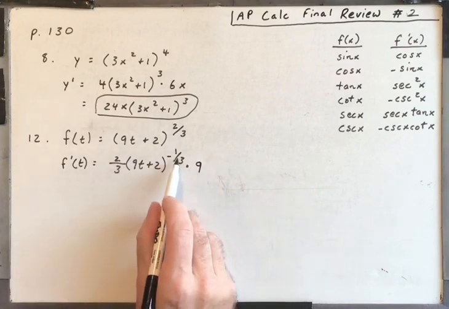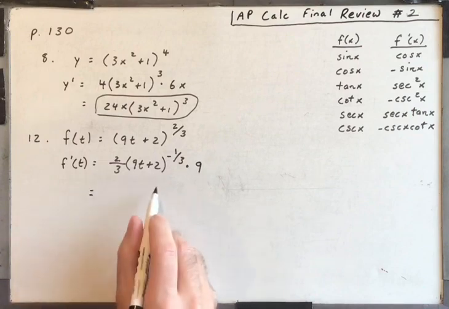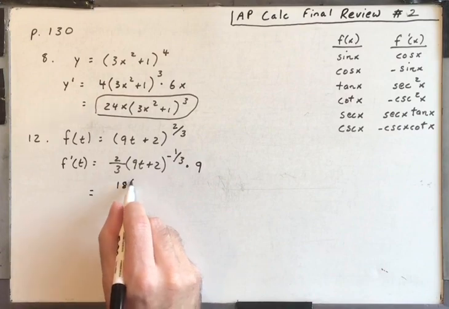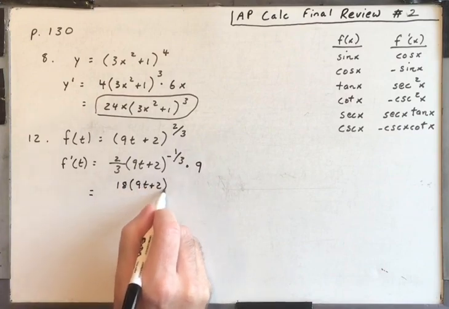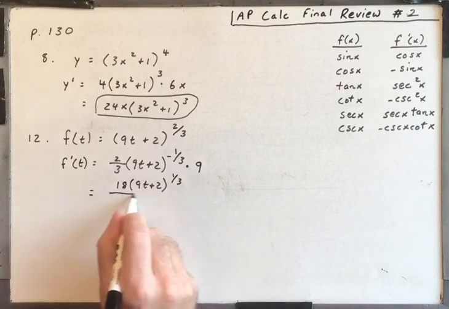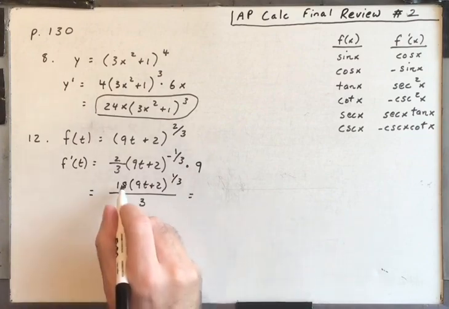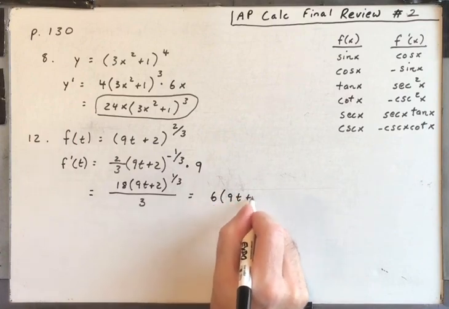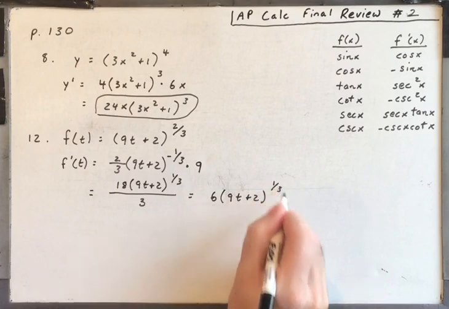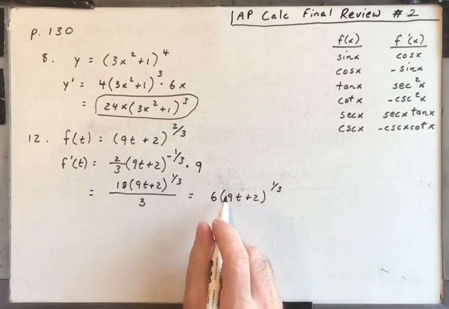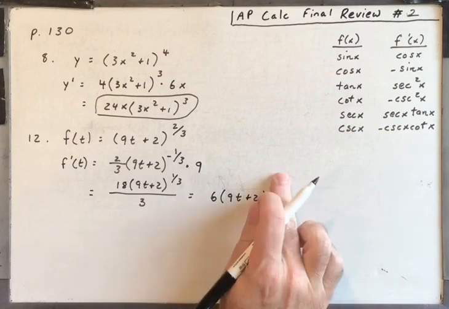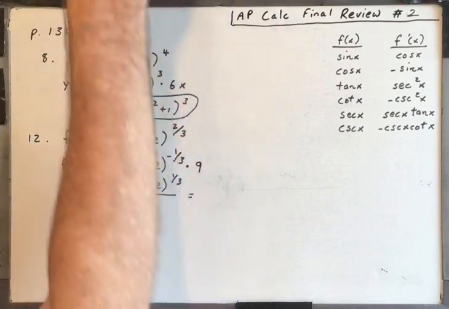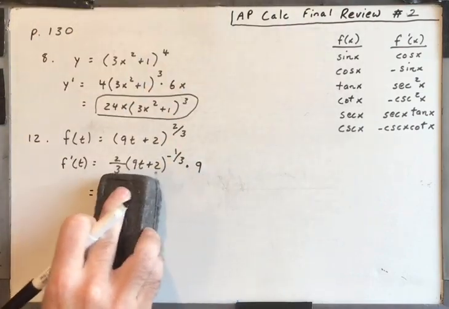I do expect you to get rid of the negative exponent, so that's going to be 18 times 9t plus 2 to the 1/3 over 3, and then 18 over 3 is 6 times 9t plus 2 to the 1/3. I do expect you to at least do that much. Excuse me, I'm sorry. I need to bring this down underneath, so I apologize for wasting your time there.